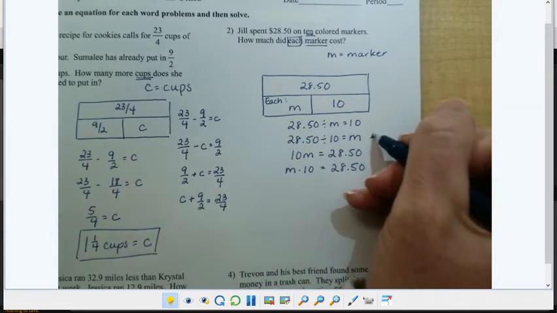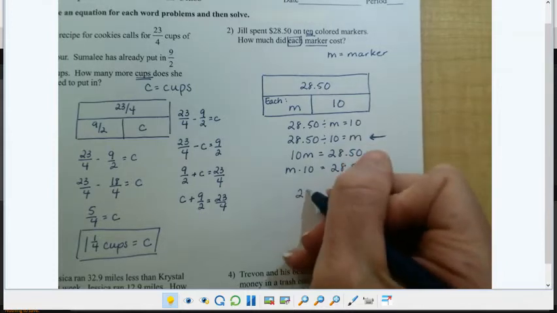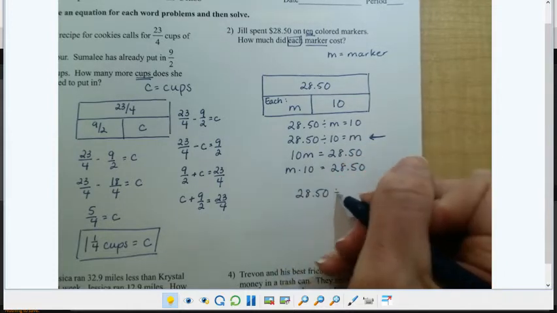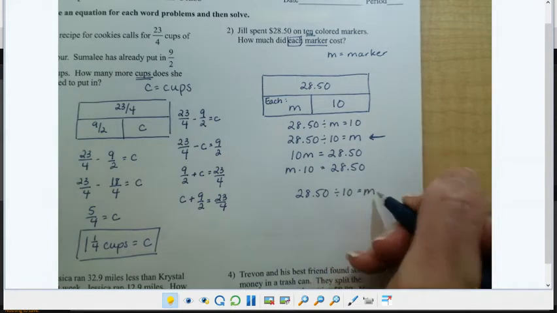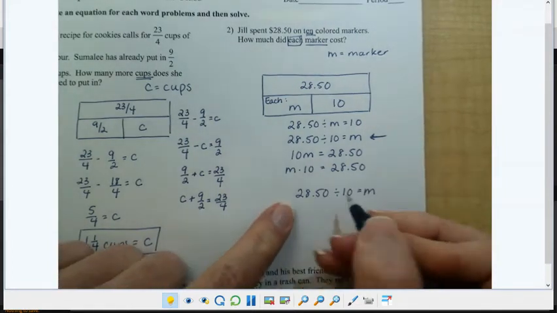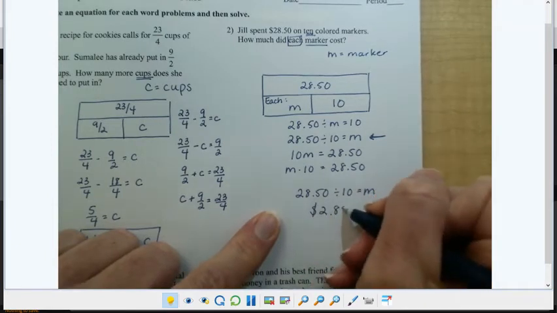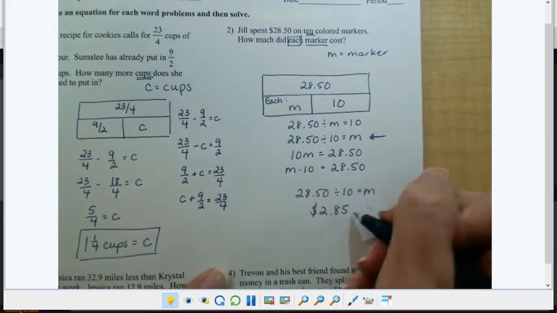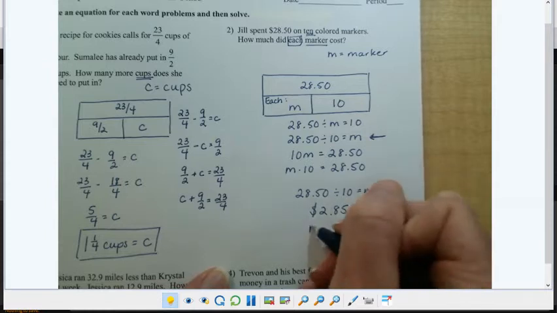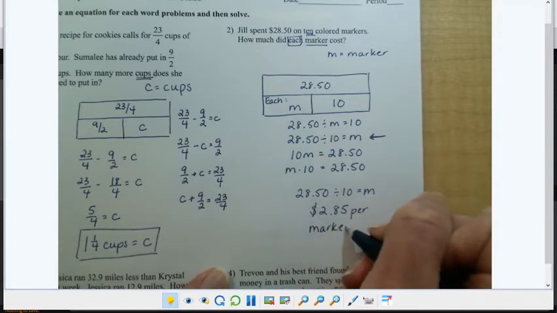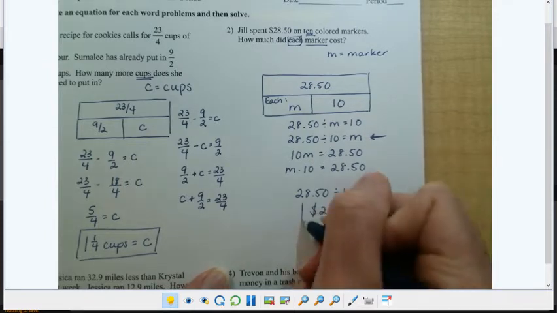So now, again, this one, my variable is isolated. I can use any of them, but that one's already set up for me. And so if I put that into my calculator, which you should have done, you would get $2.85 per marker. And that's what M is equal to.